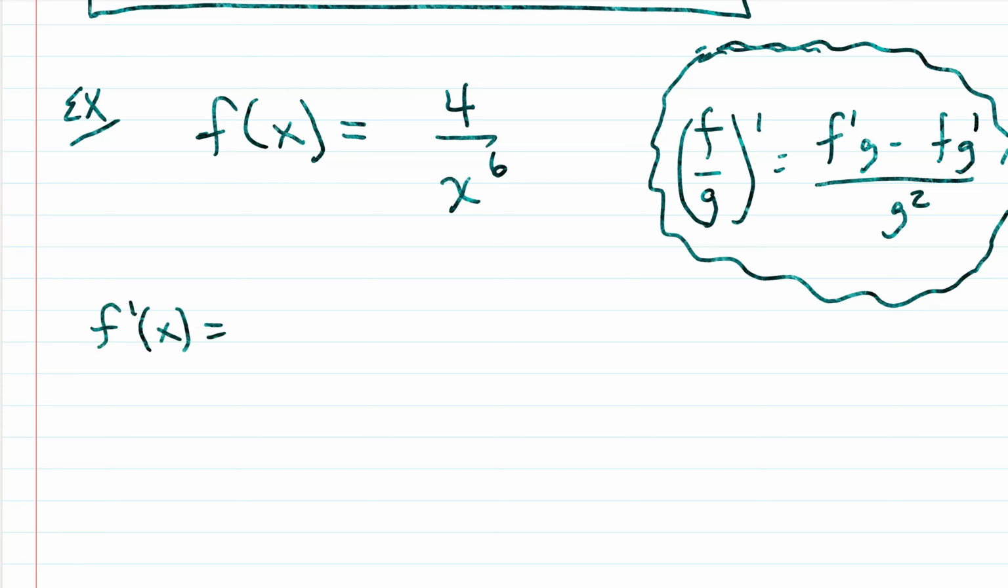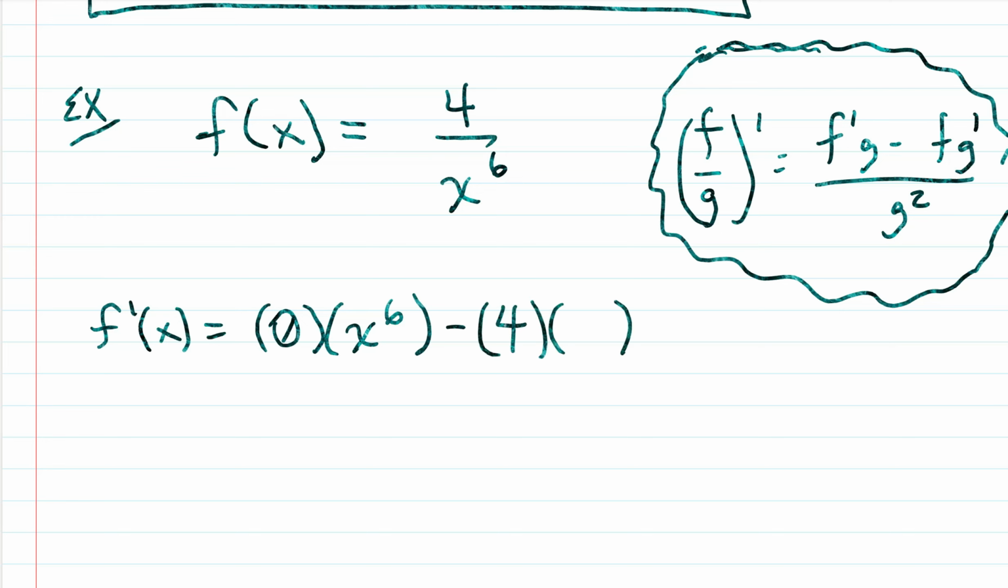So the derivative of the numerator, that 4, is 0, right? We said in a previous lecture and video that the derivative of any constant is 0. And that's times g. G is just the actual denominator. Don't take the derivative of that according to the formula. And then we place a minus sign in between. The next product is just taking the numerator, that function, which is 4.